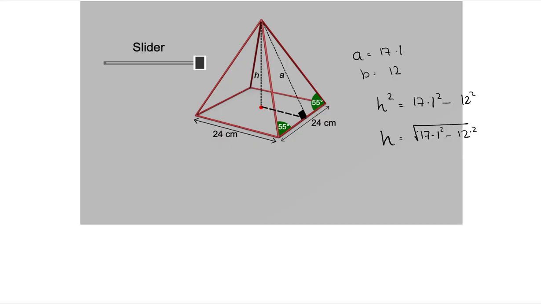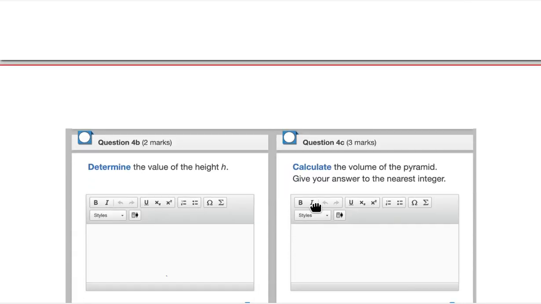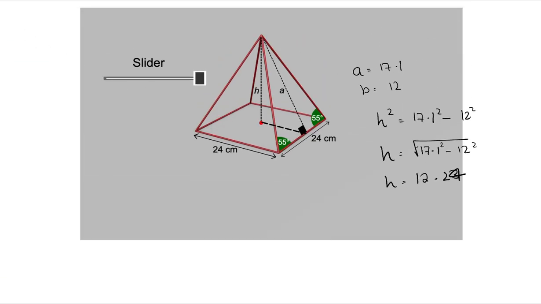I'm getting an answer of 12.23, 12.235. So let me just write down 12.24. That would be the right answer. Let's copy this down so that we can have it in one place.